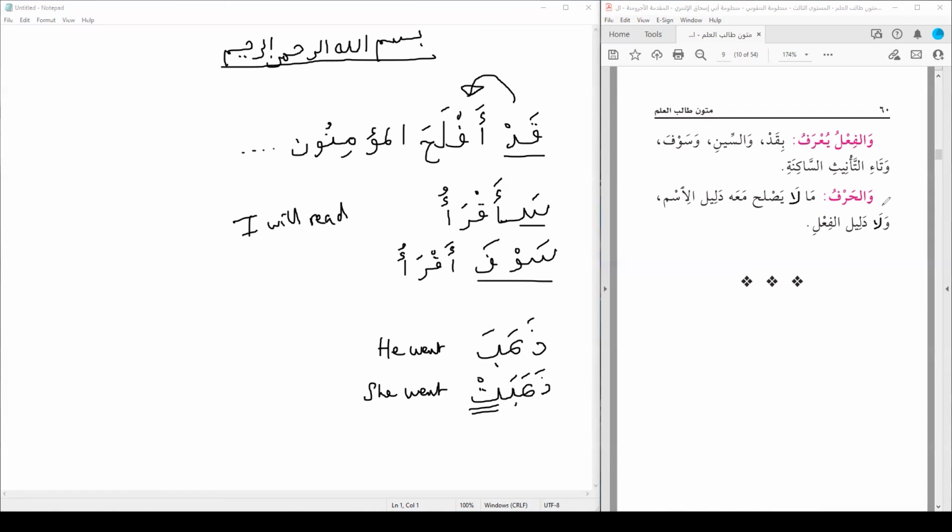Now this may seem difficult because you may think, if I have the word min, which is a harf and means from, why can't I just say qad min, verily from?